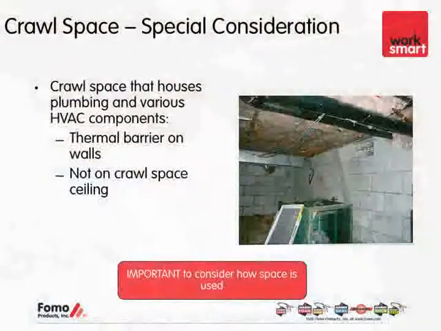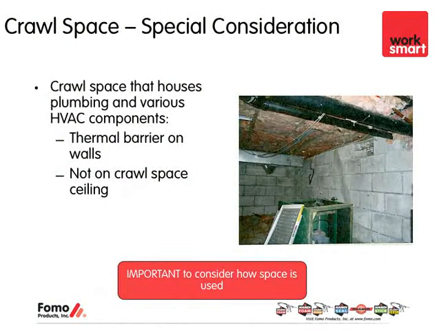Some considerations you have to think about: if you today have a crawl space that houses your plumbing and various HVAC components, it might be where you have your furnace downstairs. You might want to consider doing an unvented, conditioned crawl space, because you would have equipment down there that you want to make sure is not hit by the elements.